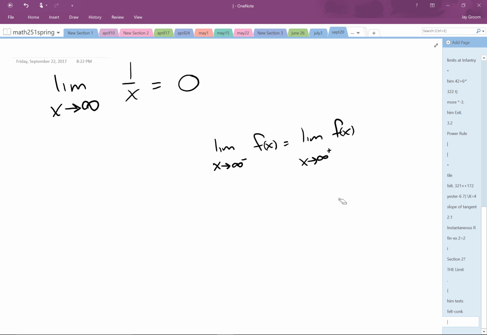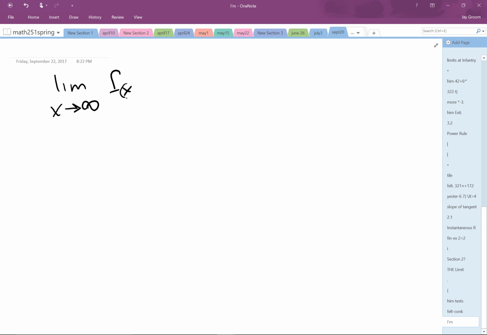So, here's the game. We will only write it like I wrote it right here. But when it comes to infinity, this really means the limit as x approaches infinity from the left.